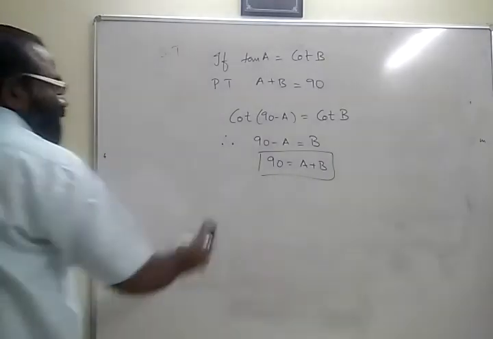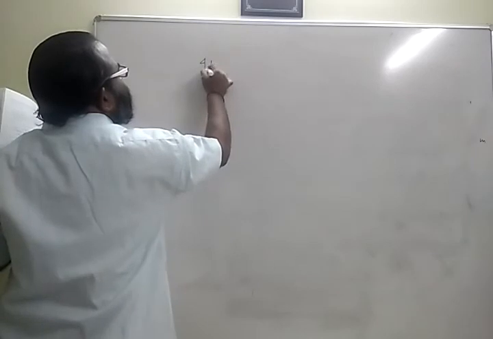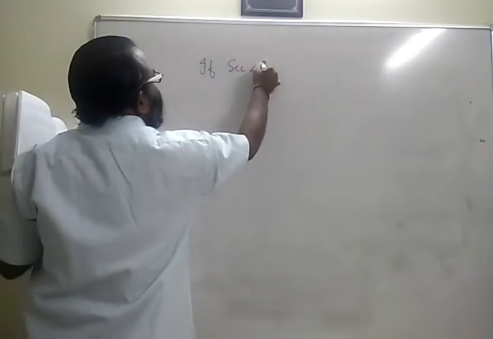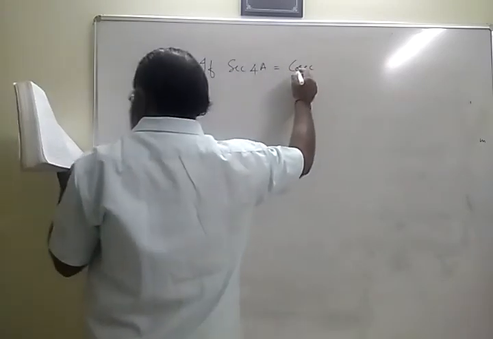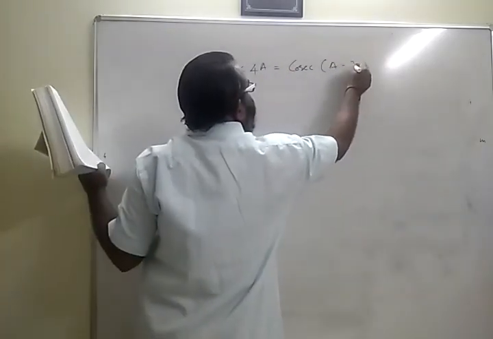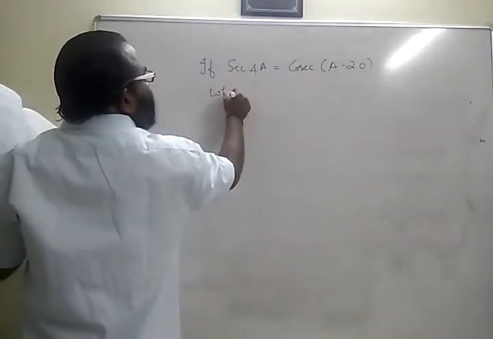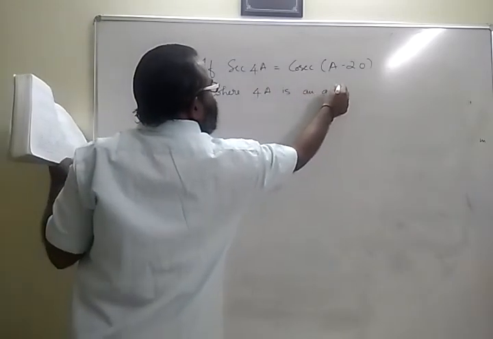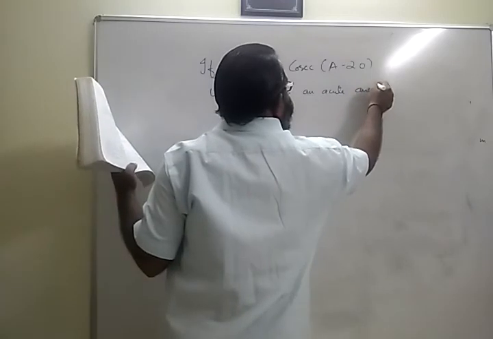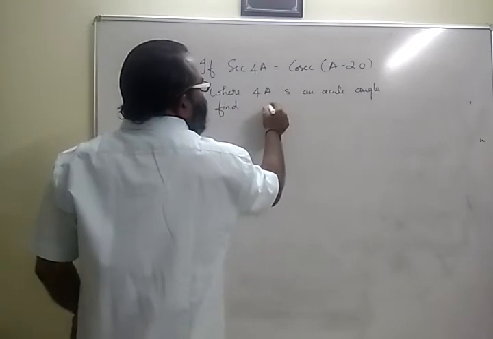Okay, the next one. If secant 4a equals cosecant a minus 20, where 4a is an acute angle, find value of a.